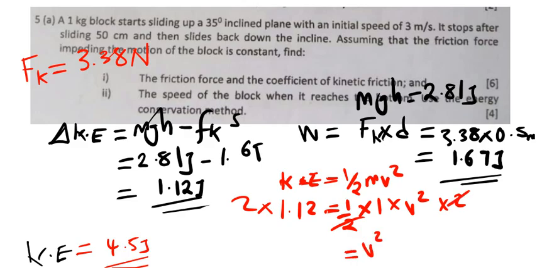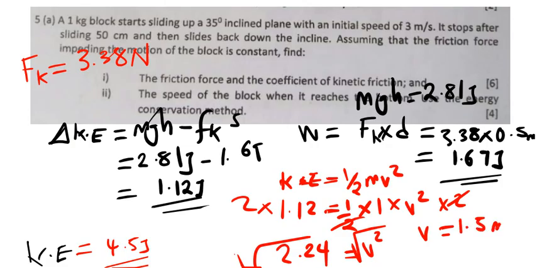Okay, 2 multiplied by 1.12, I'm getting 2.24. So I'm supposed to find the square root on both sides. Therefore my velocity is the square root of 2.24. The square root of 2.24 is giving me 1.5. So this is 1.5 meters per second.